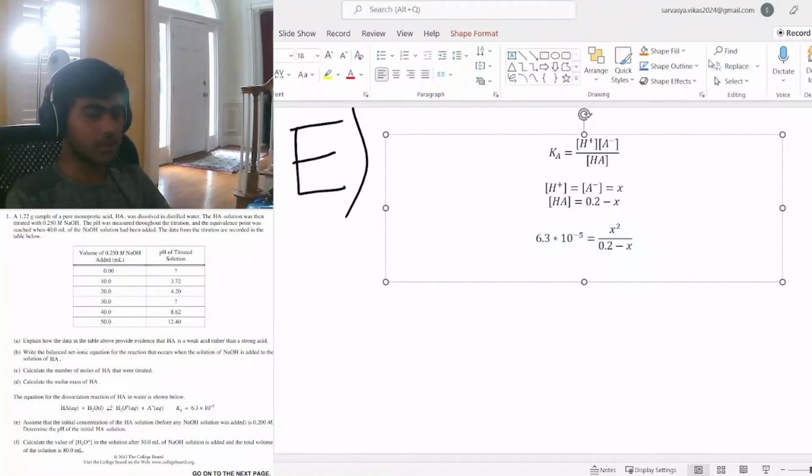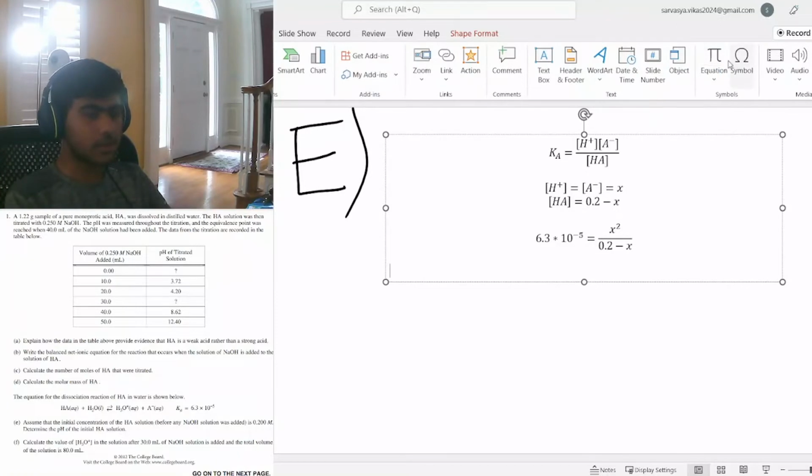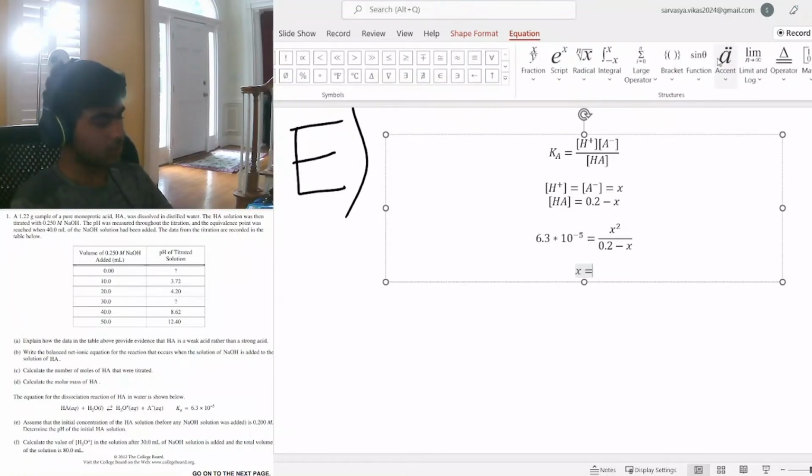We can solve this, so let's bust out the calculator, and for our answer for x, we get 0.0035. That is going to be our answer.